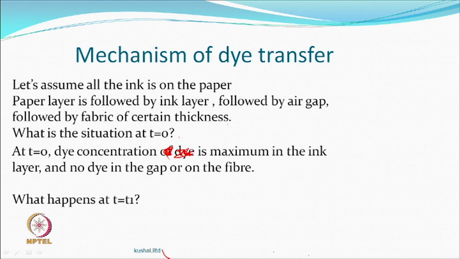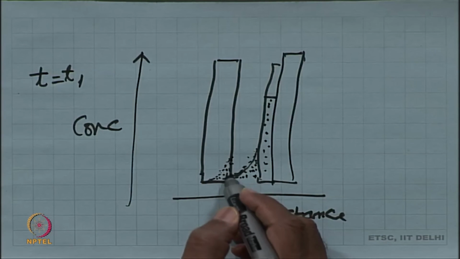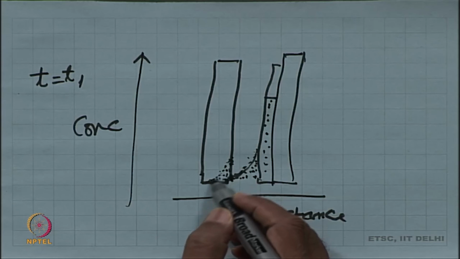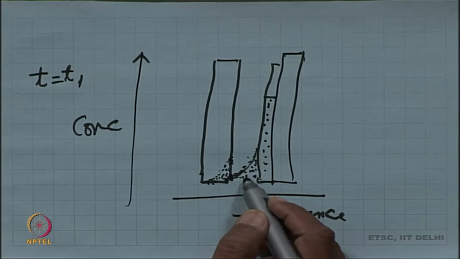At t equal to t1, the temperature rises, some dye has vaporized and come to the air gap, and some of the dye has diffused into the fiber, the concentration being more on the surface and reducing as one traverses to the core of the fiber. So, this is what we said, that the concentration will be more on the surface of the fiber. As you go inside the fiber, the concentration of dye will be less. Something similar is here.